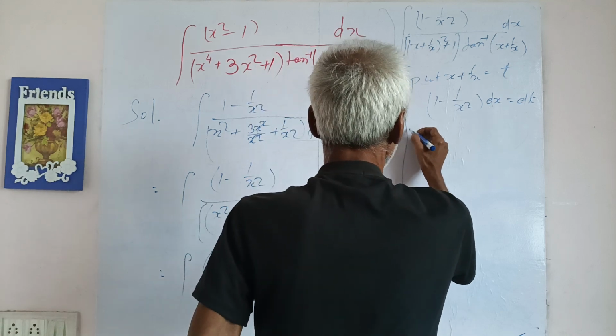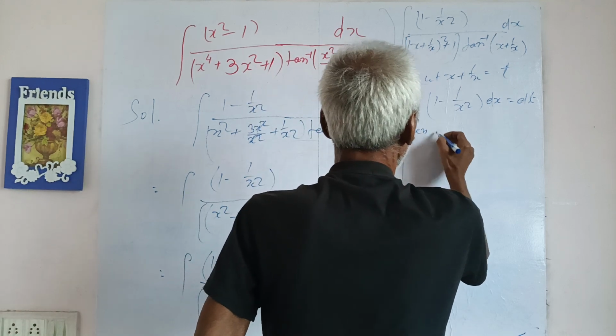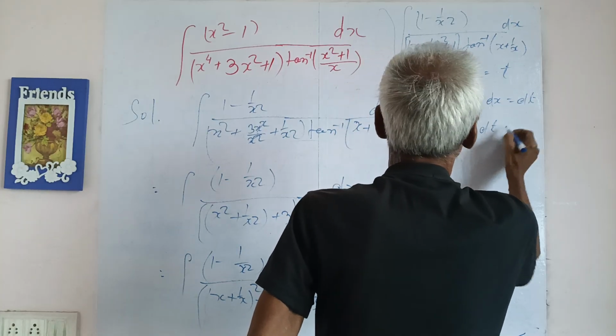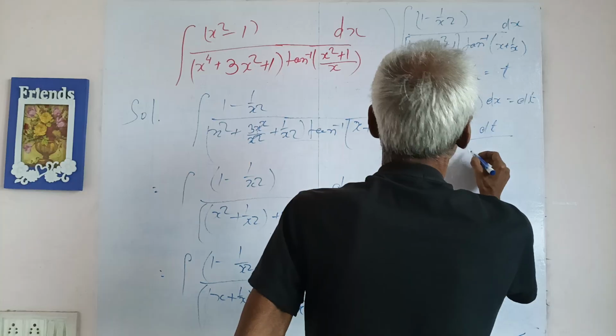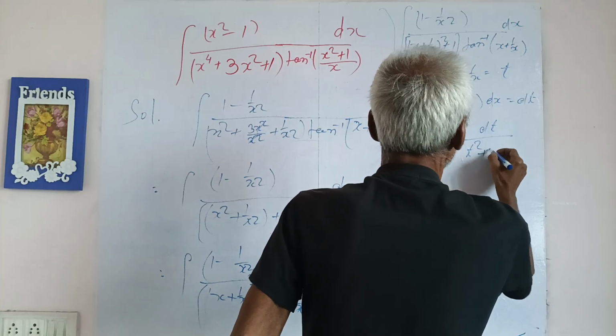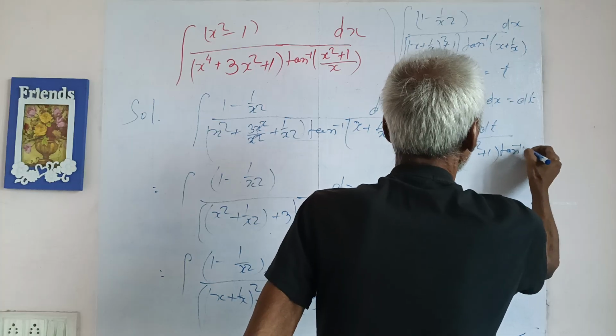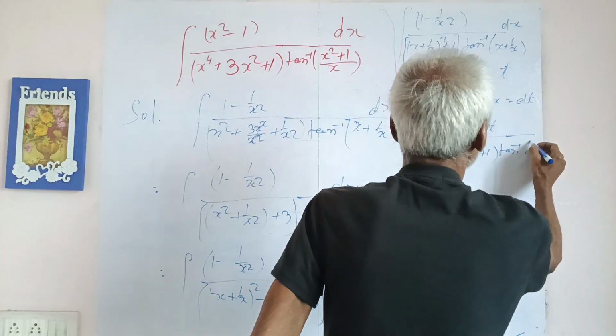Then I is equal to dt by t square plus 1, tan inverse t.